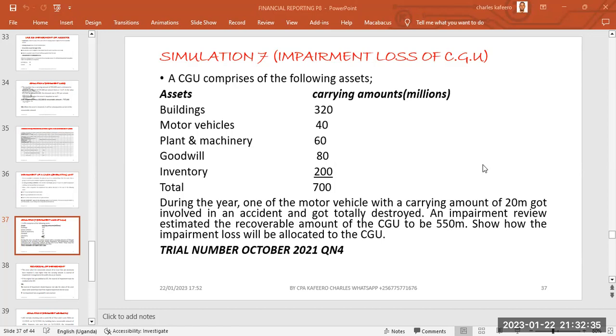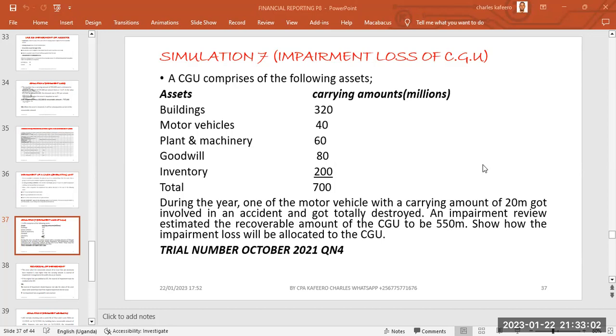And within this cash generating unit, we try to look at 3 steps. One is that we try to look at the total carrying amount of the assets in the cash generating unit. Then the second item is that we try to look at the total recoverable amount of the cash generating unit or the group of assets.